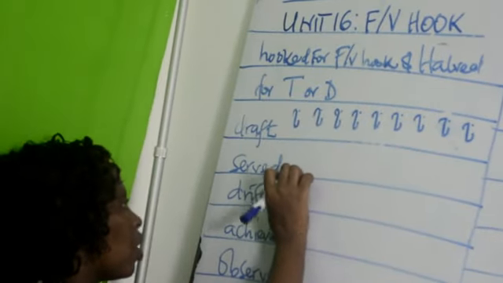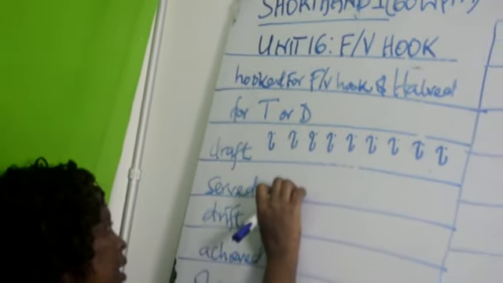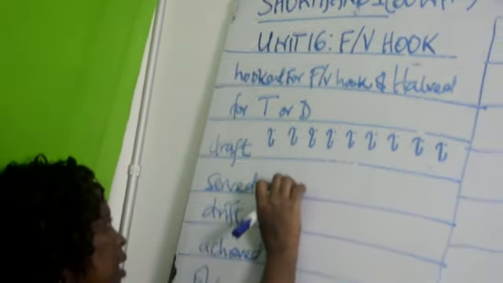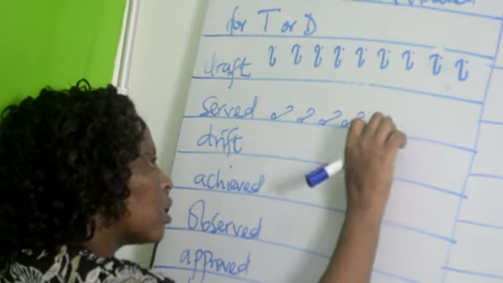Then we have the word served, a hair circle, a halved upward ray hooked for V. Served, served.